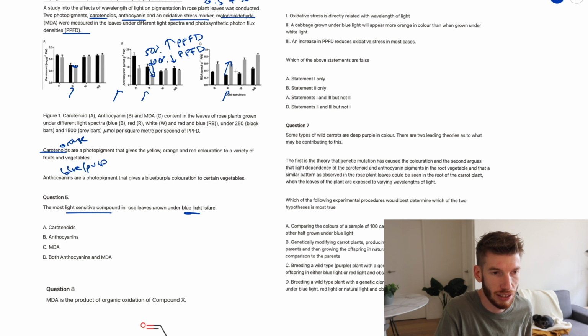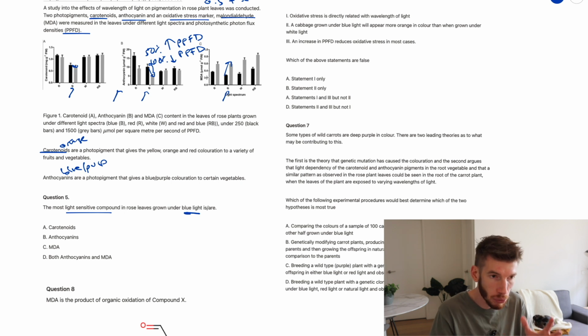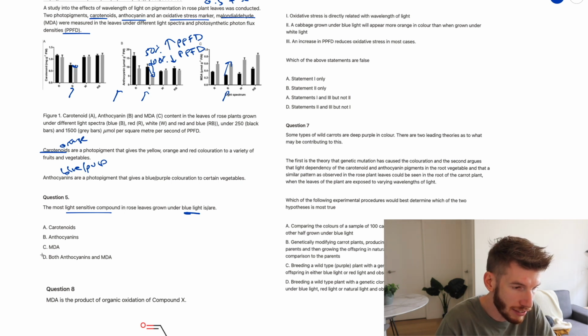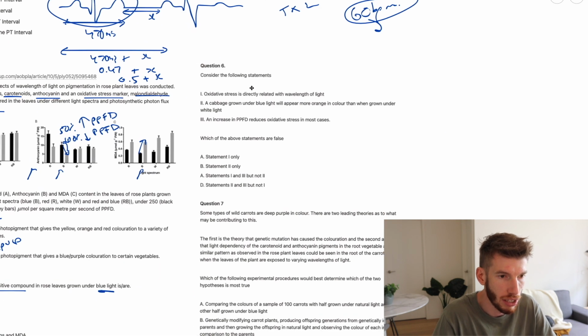Which is equivalent to the gain that we get when we increase the ppfd over here. So it's bidirectional. So both anthocyanins and MDA are actually equal in terms of their sensitivity to light. It's just that they have opposite directions, an increase or a decrease. So the answer actually ends up being D for that reason. Cool. Then we have number 6, consider the following statements.